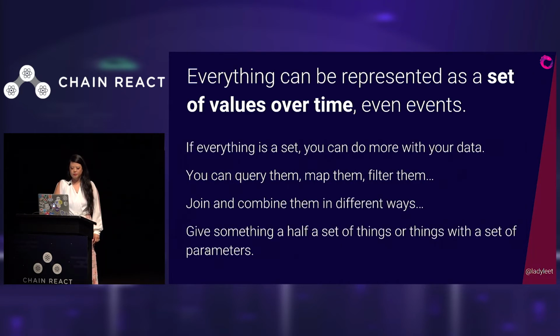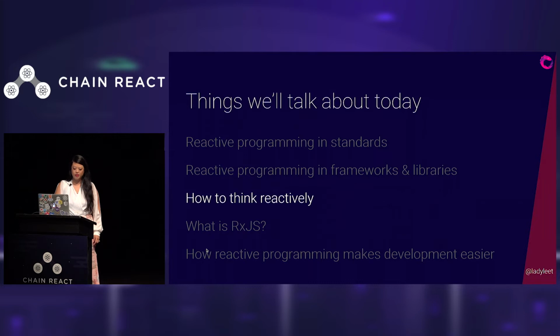If everything is a set of values, then you can query it, map it, filter it, join and combine it in different ways. You can give something half a set of things, or get something with a set of parameters. Life becomes awesome. Hopefully that helps you start thinking reactively and in streams. But then it gets exciting, because now we can talk about what on earth RxJS is.